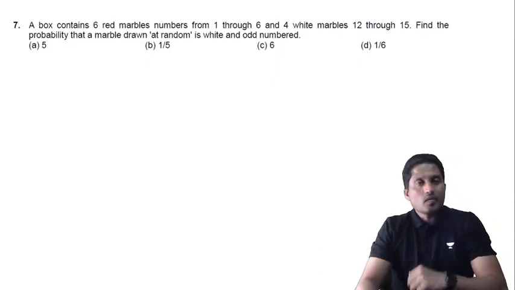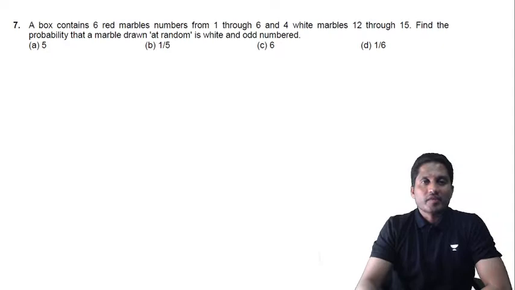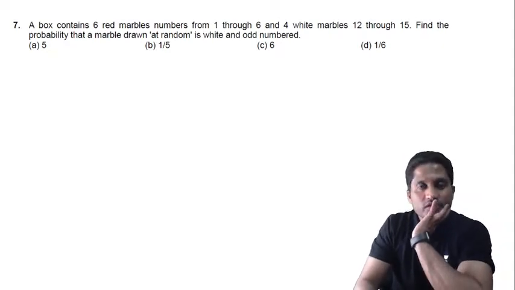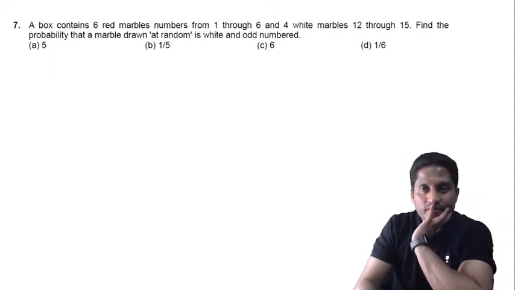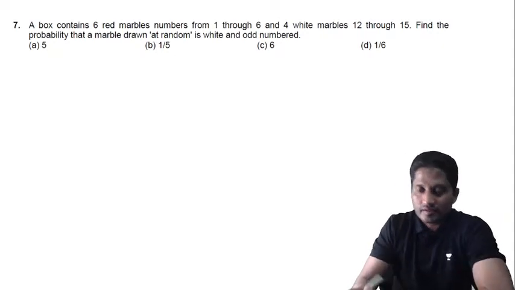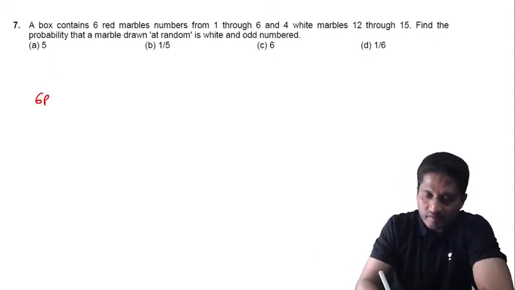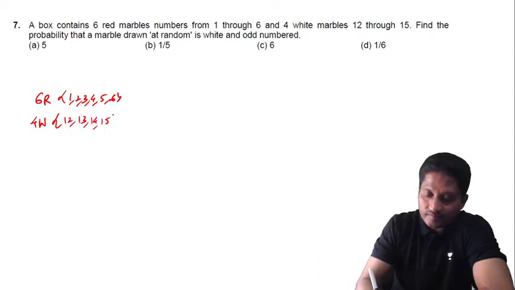Question number 7. A box contains six red marbles numbered from 1 to 6 and 4 white marbles numbered from 12 to 15, that is 12, 13, 14 and 15.